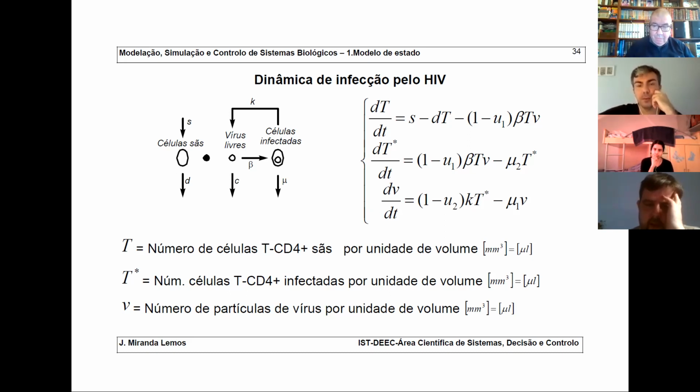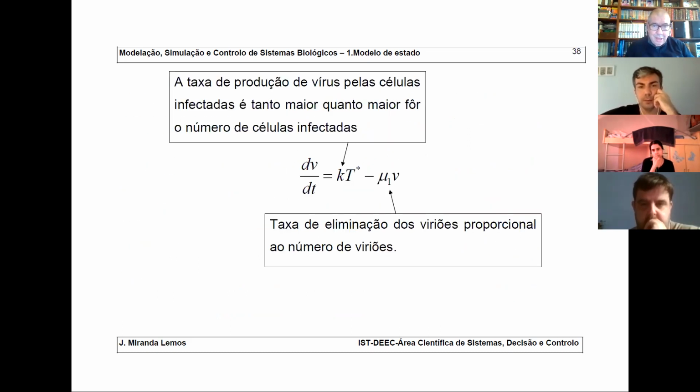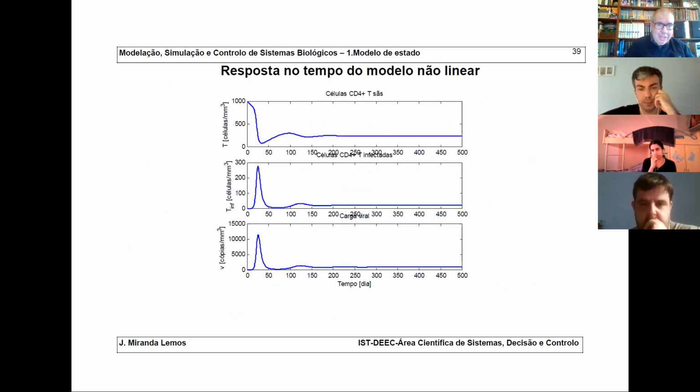So there is one equilibrium, which is the healthy person: T star equal to 0, V equal to 0, and T equal to s divided by d. Now, is there another equilibrium? Look now at the simulation.